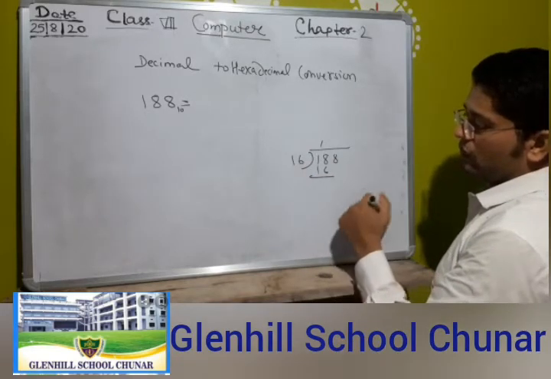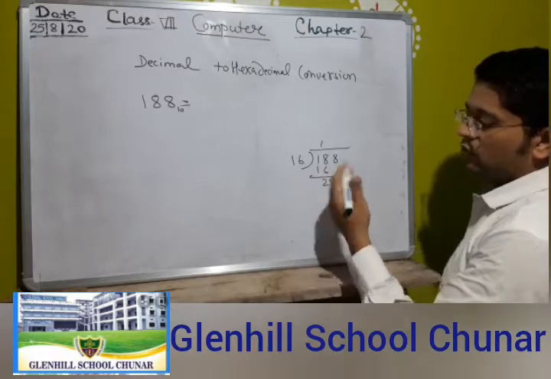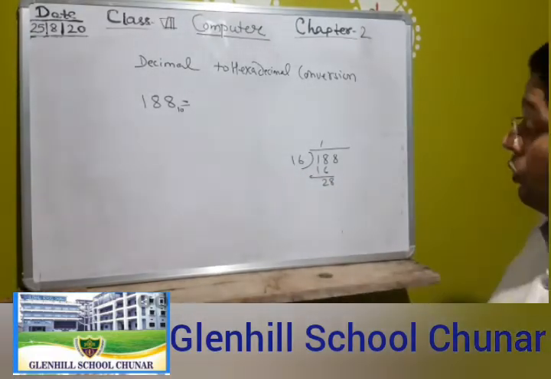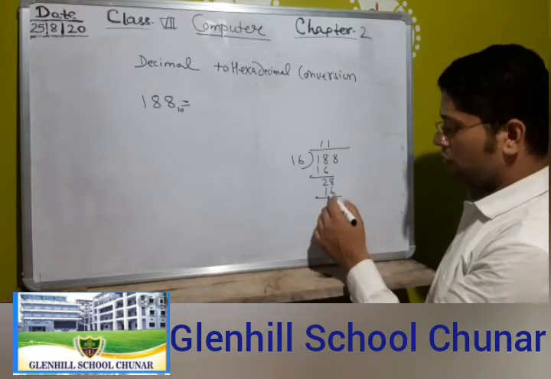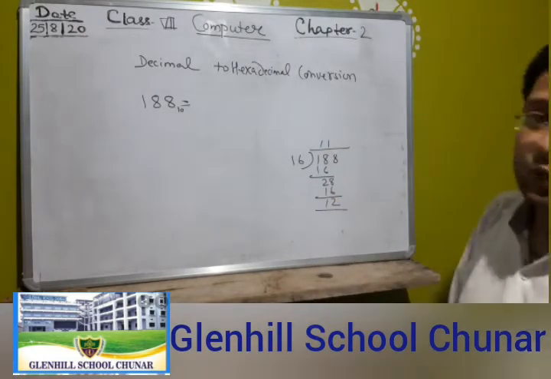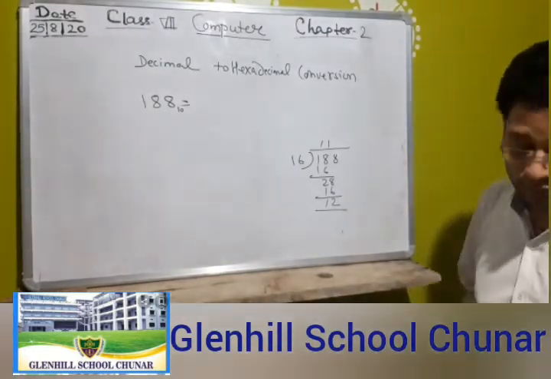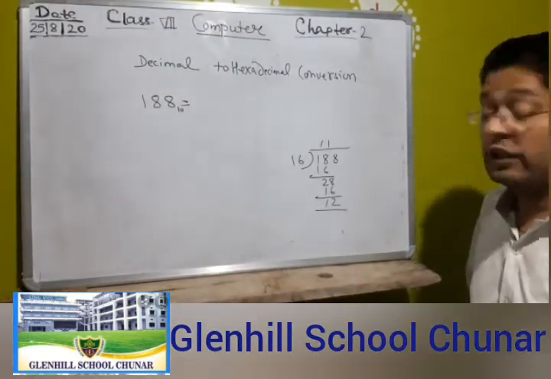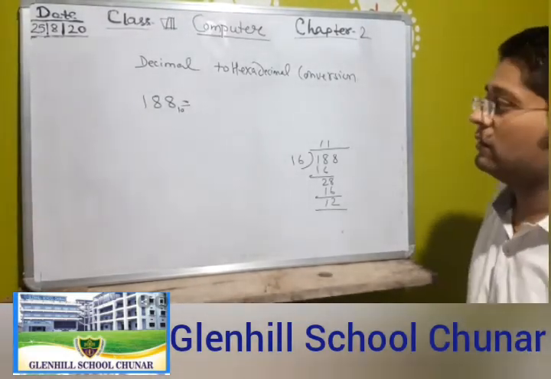Okay, so that means 2 and 16 2s are 32 is more, so 1 time 16 is 16, remainder is 12. So what's the value of 12? C. Okay student, B value is 11.